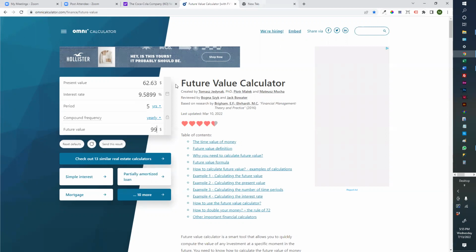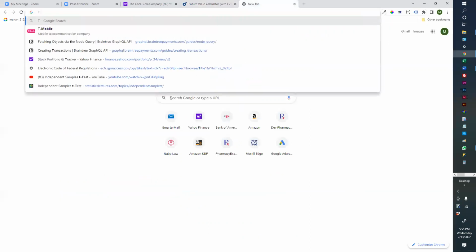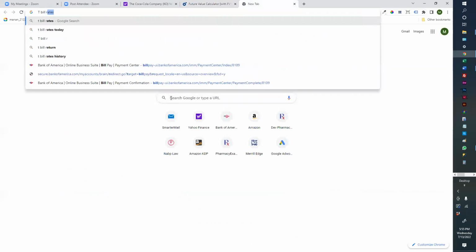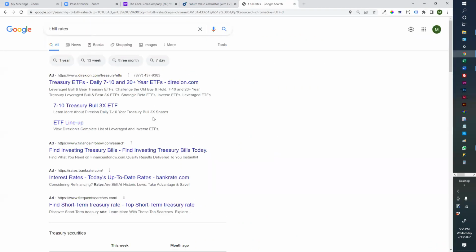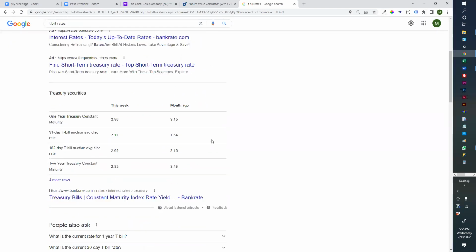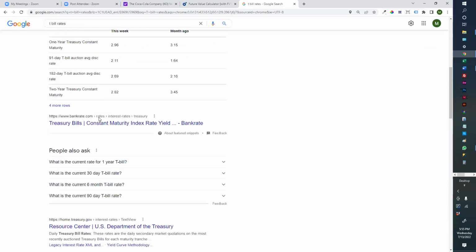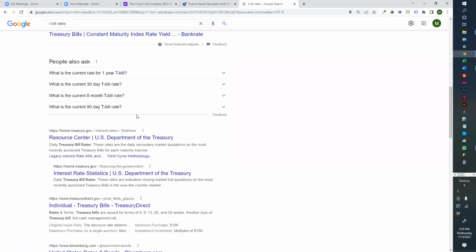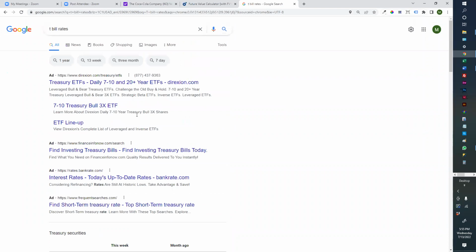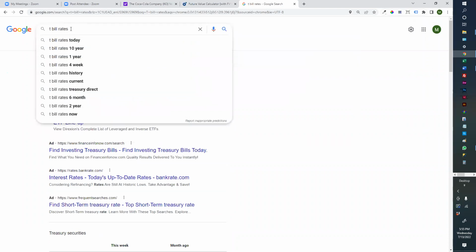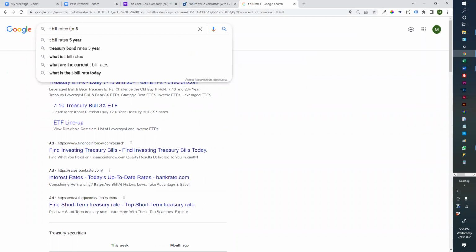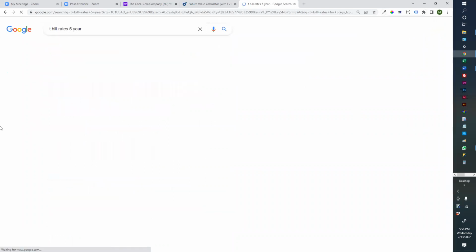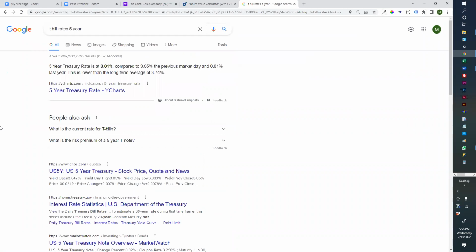It's called the treasury bill, T-bill. Here it says that if you buy treasury, which is the risk-free bond, you will get a return of 3%.